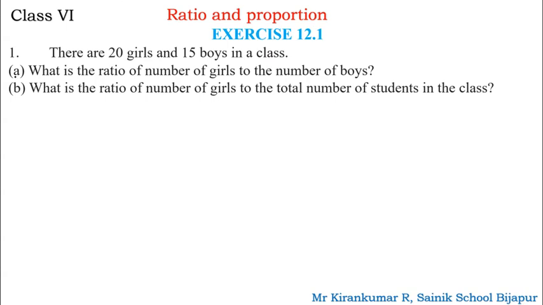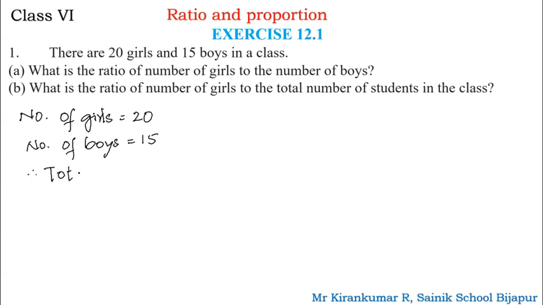Here, the number of girls is 20. The number of boys is 15. Therefore, the total number of students will be the sum 20 plus 15, which is 35.